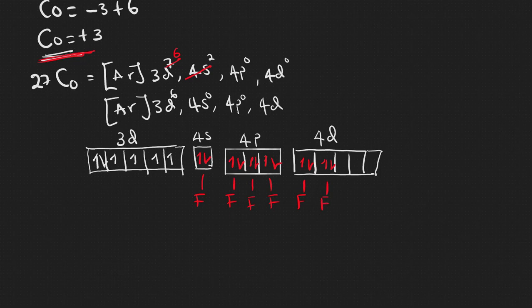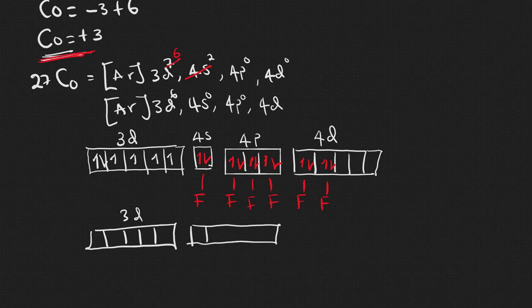Therefore the new configuration of the complex is going to be something like this: 1, 2, 3, 4, 5, that's the 3d. Then we have 1, 2, 3, 4, 5, 6, this is 4s.